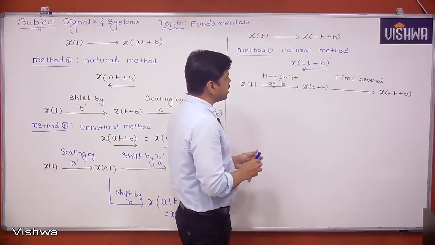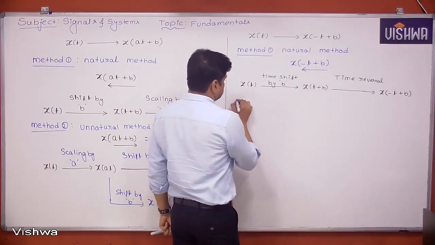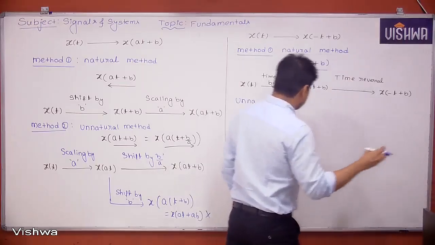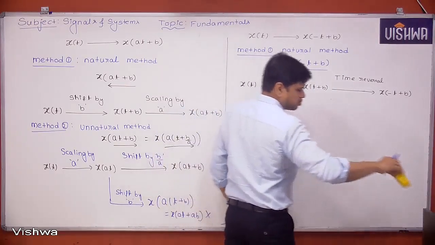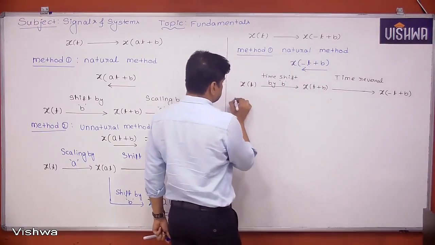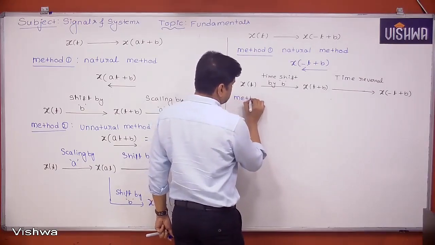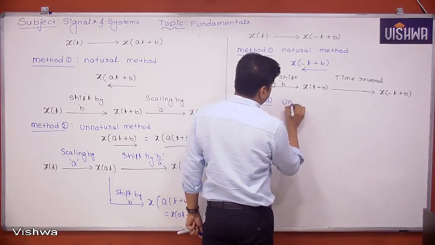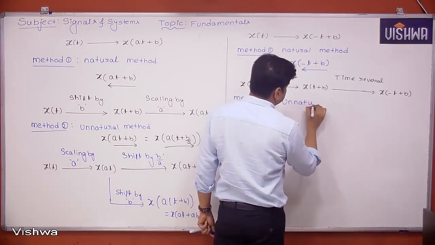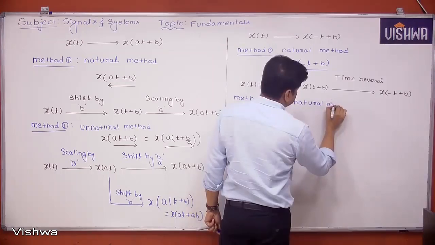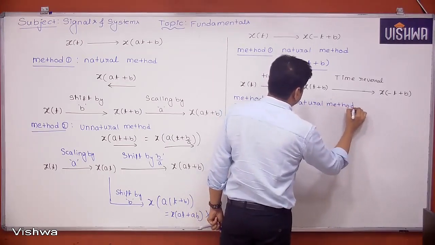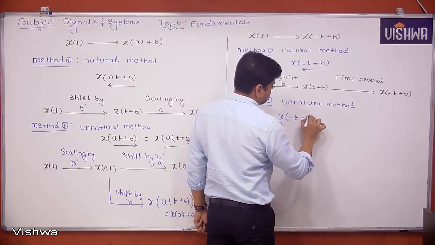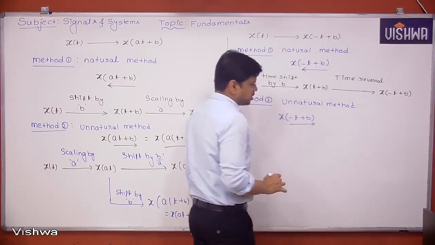Next, the unnatural method, method 2. Here, for x of minus t plus b, we have to follow the order of operations in this way.